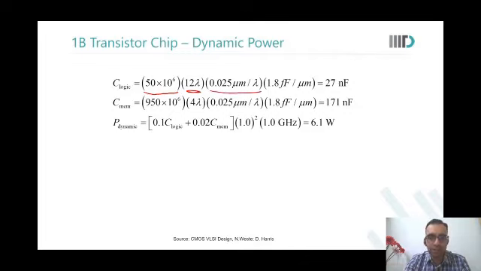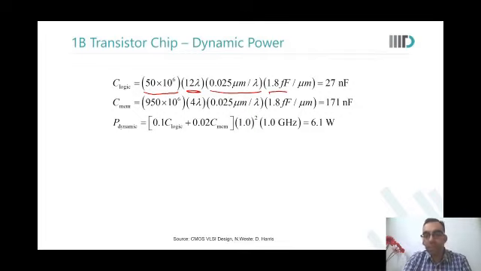That is a technology factor. Per micron, the gate capacitance was 1 femtofarad and drain capacitance was 0.8, so 1.8 femtofarad per micron. The logic capacitance comes to 27 nanofarad.